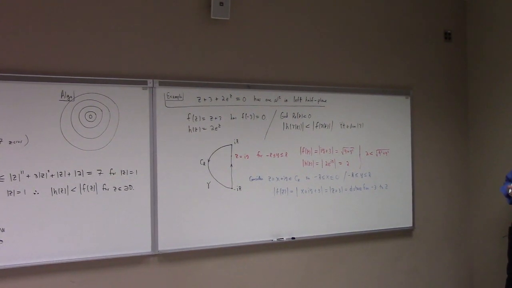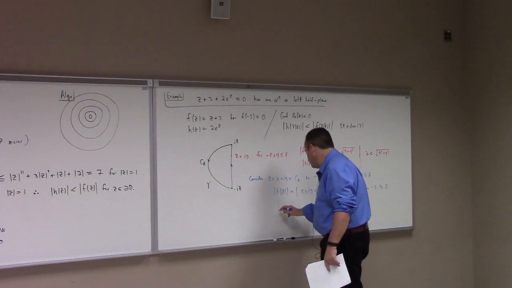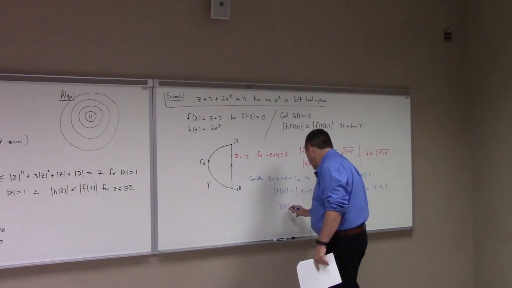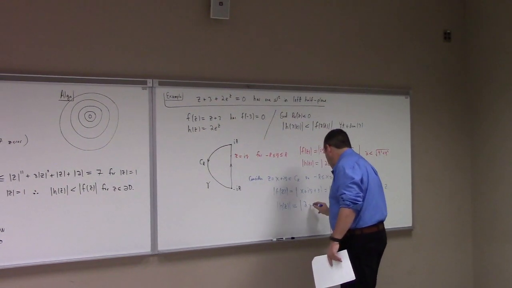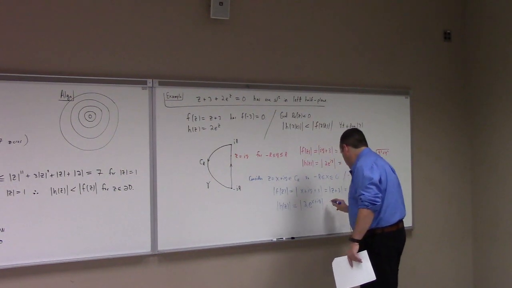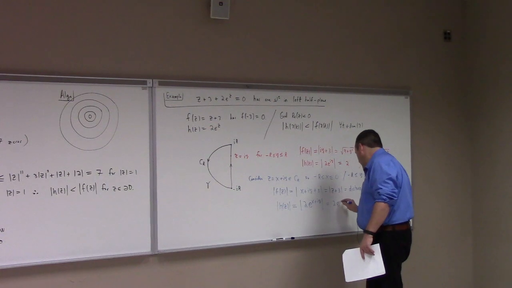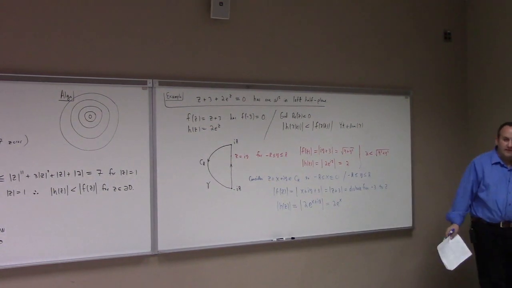And what's the modulus of h of z on the circle CR? Two times e to the what? X plus iy, yeah? Which is going to be 2 e to the x, because the modulus of e to the iy is just 1, right?